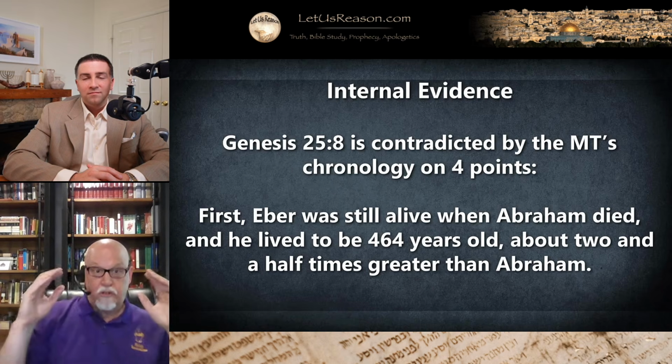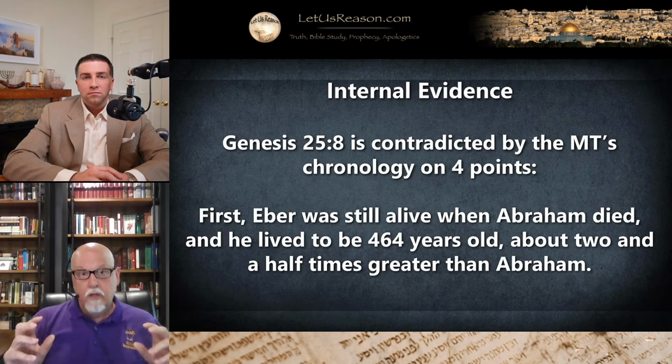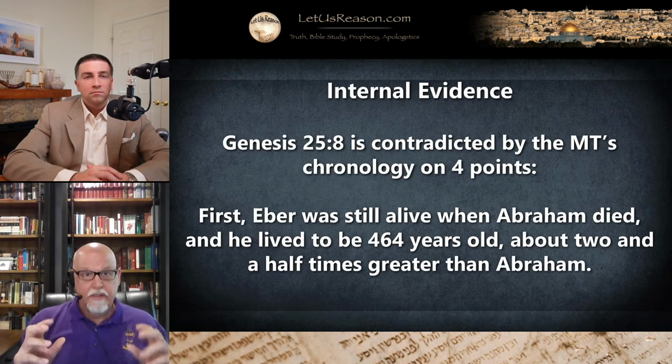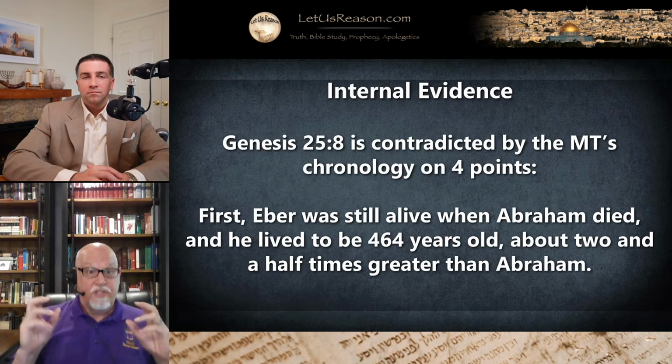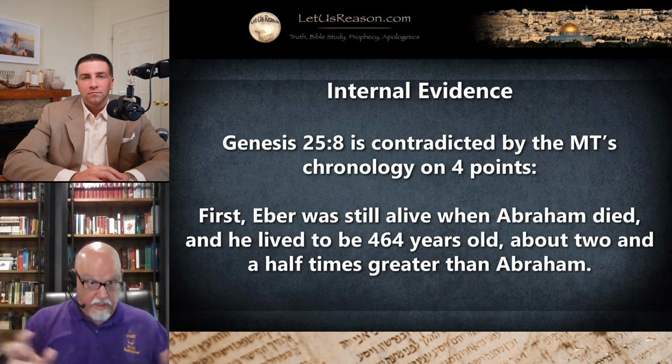So picture this: you're in the modern day, and a man dies at the age of 40. Would you call him an old man and full of years? You wouldn't. If the man was 90, you would call him an old man full of years in today's parlance, right?